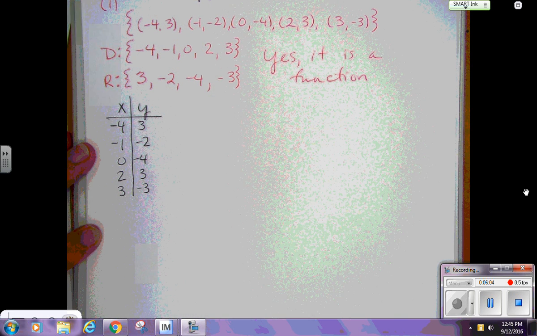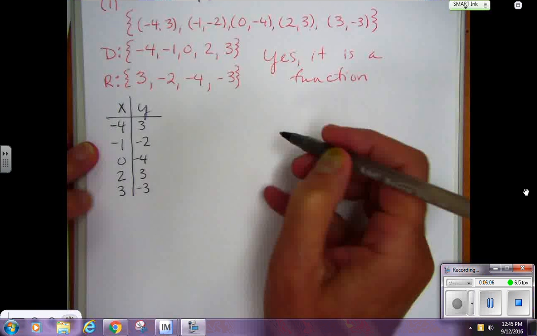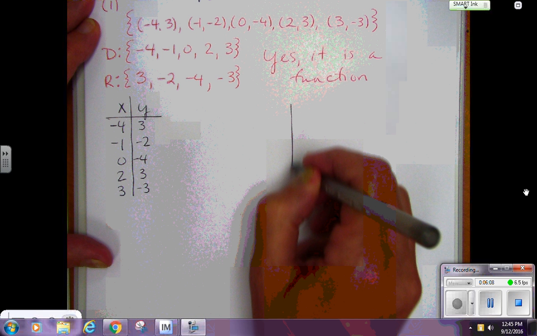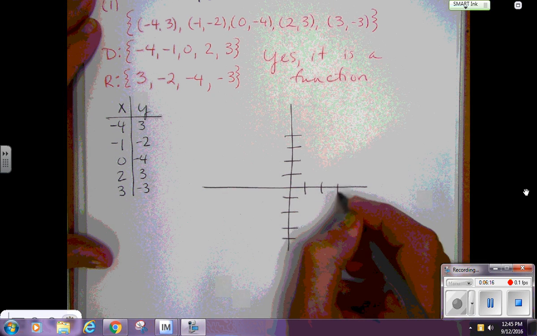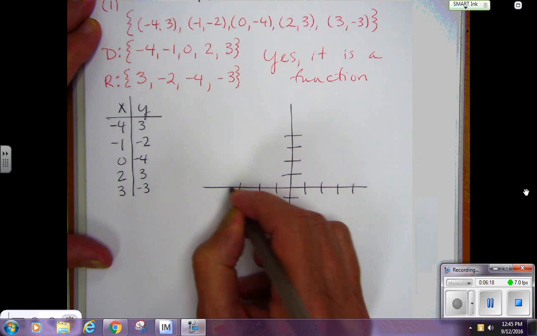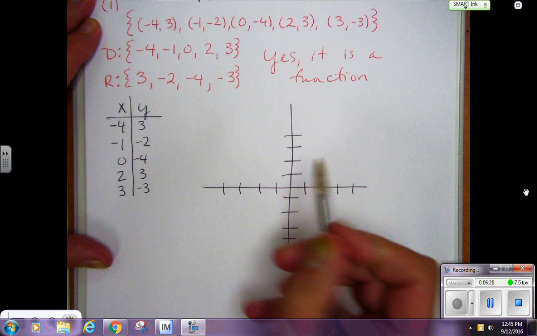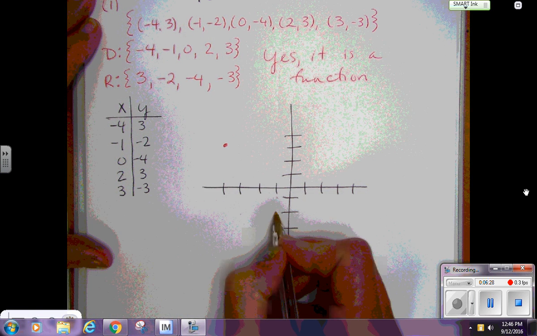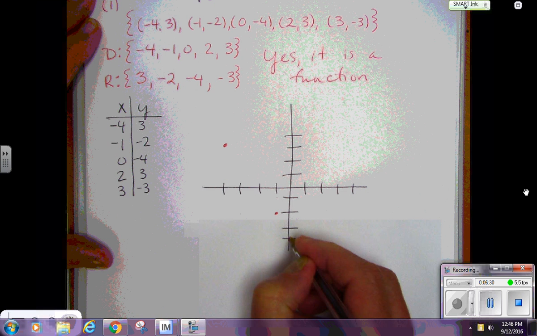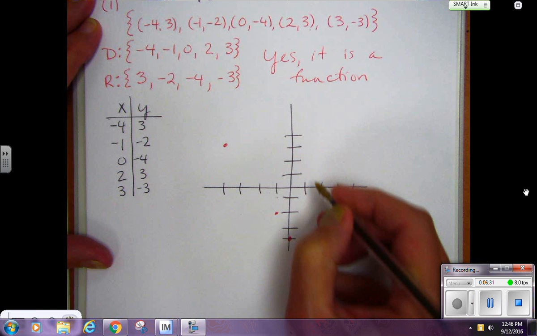And now I'm going to graph each point. Here's (-4, 3), (-1, -2), (0, -4), (2, 3), and (3, -3).